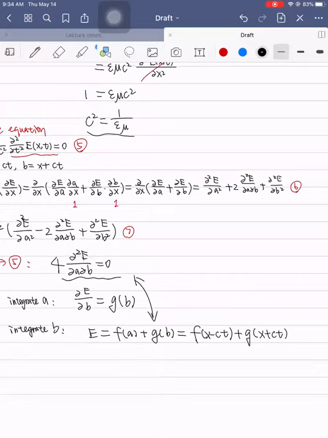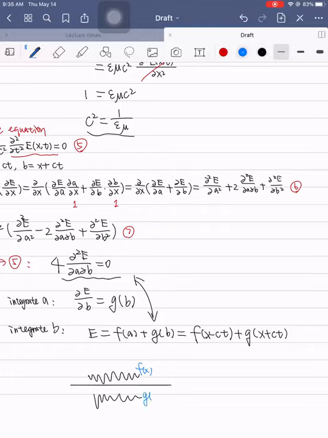So if we draw a graph of this function, since f(x) can be an arbitrary function, I just draw some random line to represent f(x), the same as g(x).